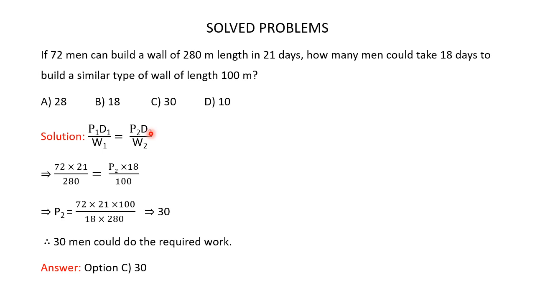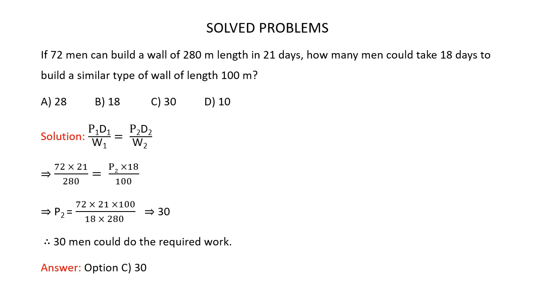D2, the number of days, is 18. W2, the amount of work, is 100 and P2, the number of men who could build a wall of length 100 meters in 18 days, is to be found out.